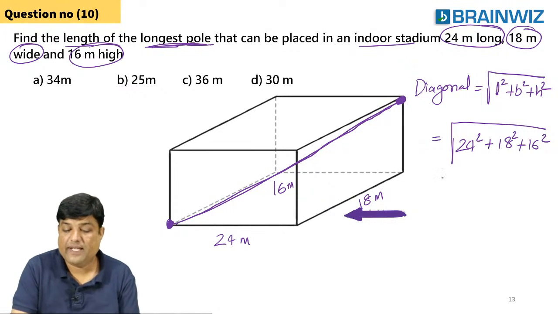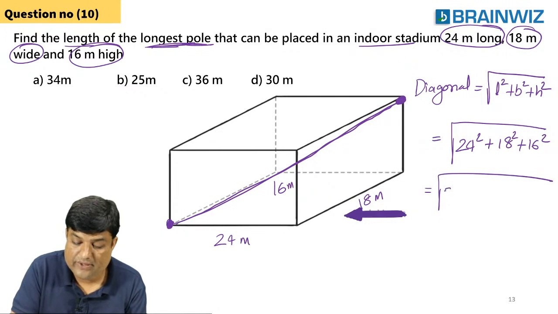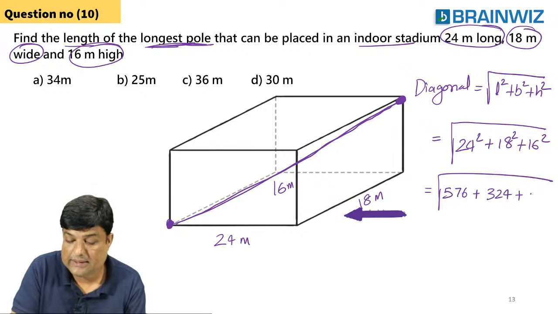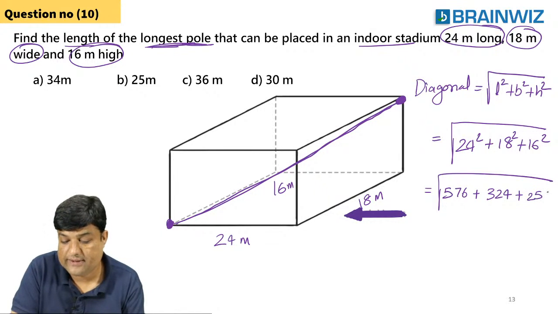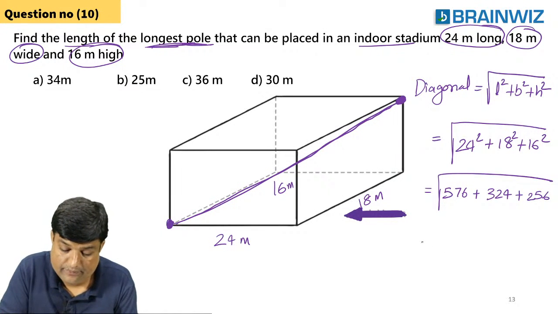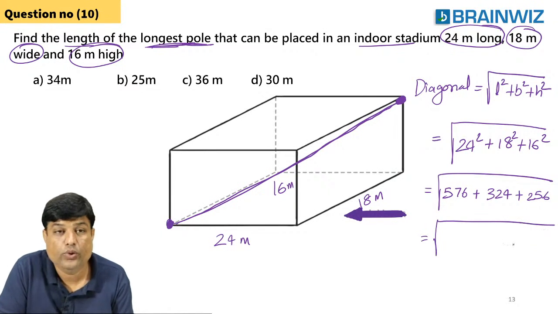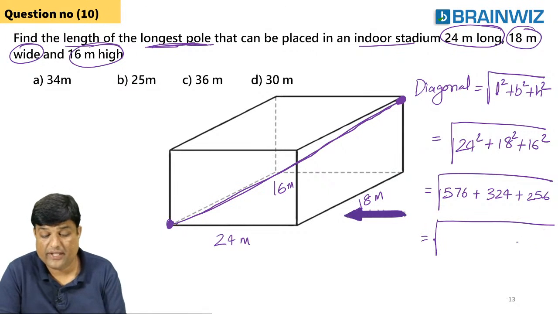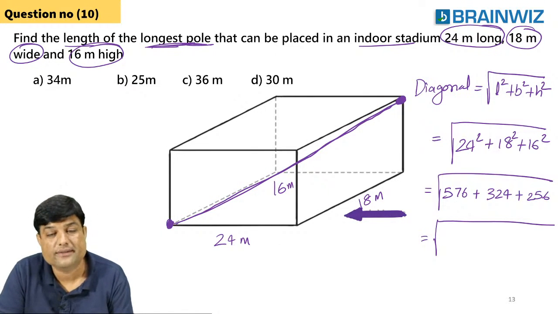In short, you can do it much faster. That is, 24 square is 576, guys. Plus this is 324. And this, you know, is 256. So we are supposed to find out the addition of all these things. Does anybody here in the session who can just tell me what is the sum of all these things?